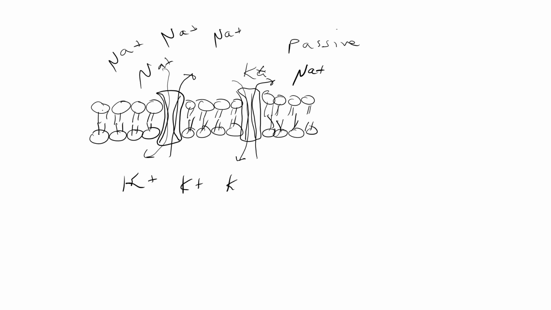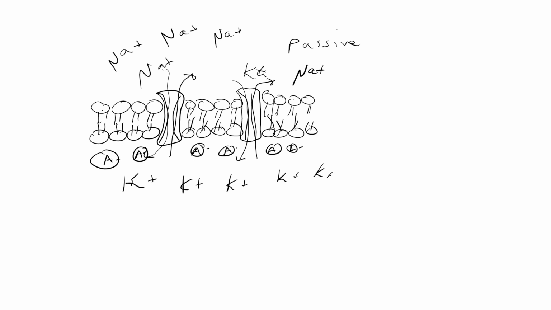I'll learn to draw with this thing, but whatever, it should get the point across anyway. A lot of potassium. We also have a bunch of negatively charged protein up along here, and they kind of like to come up towards the membrane, because if you've ever played with magnets, you'll know that these opposite charges attract each other.